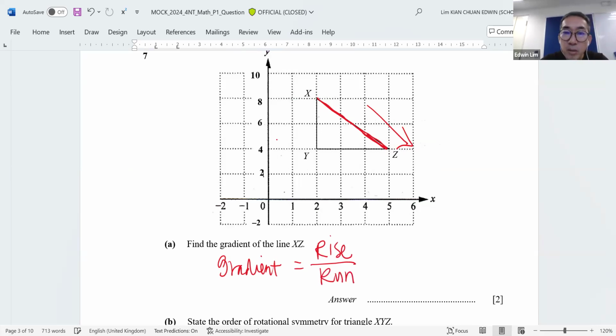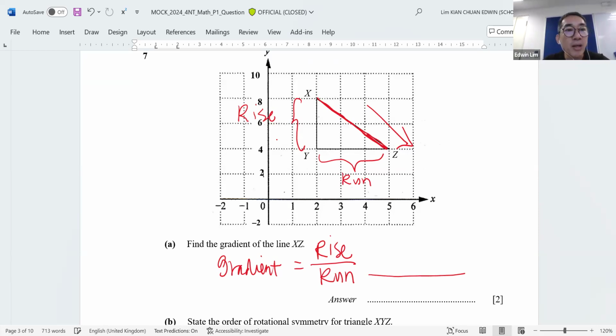So based on this diagram, this XY is my rise, YZ is actually my run. How can you remember this? All right, I always run on a flat surface. Okay, so the x is always in its run.